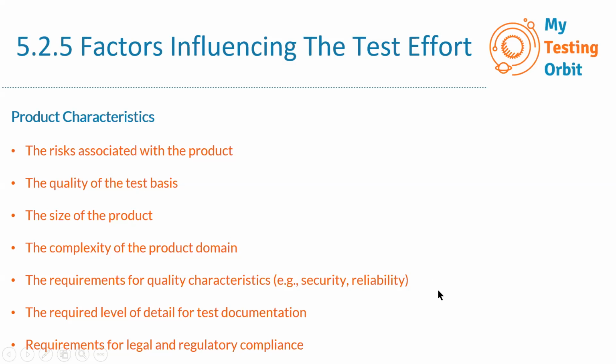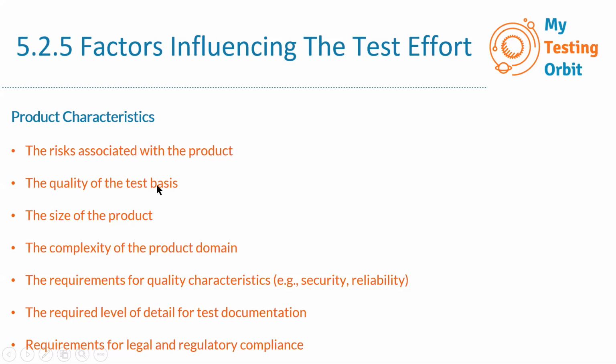These are categorized into different categories. The first one is product characteristics. This includes the risk associated with the product and the quality of the test basis.